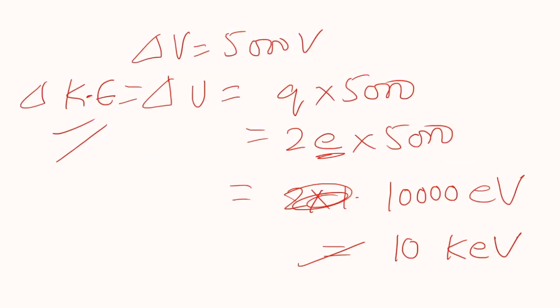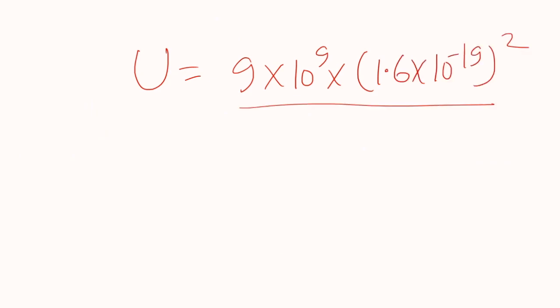So when you put in k, U is equal to k into e squared, which is 1.6 into 10 to the power minus 19 whole squared, divided by 10 fm, which is 10 into 10 to the power minus 15 meter.